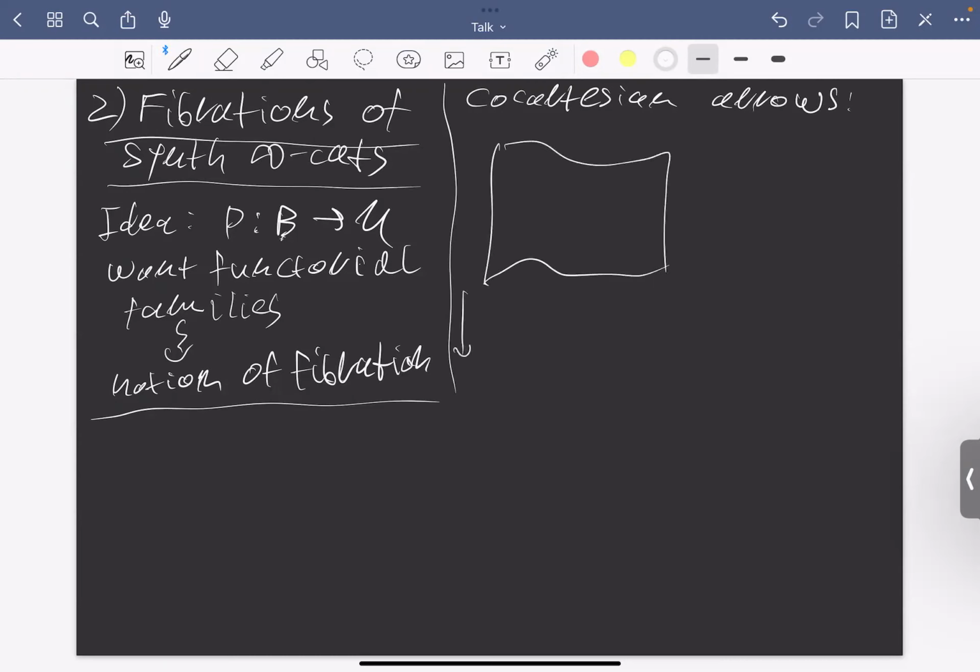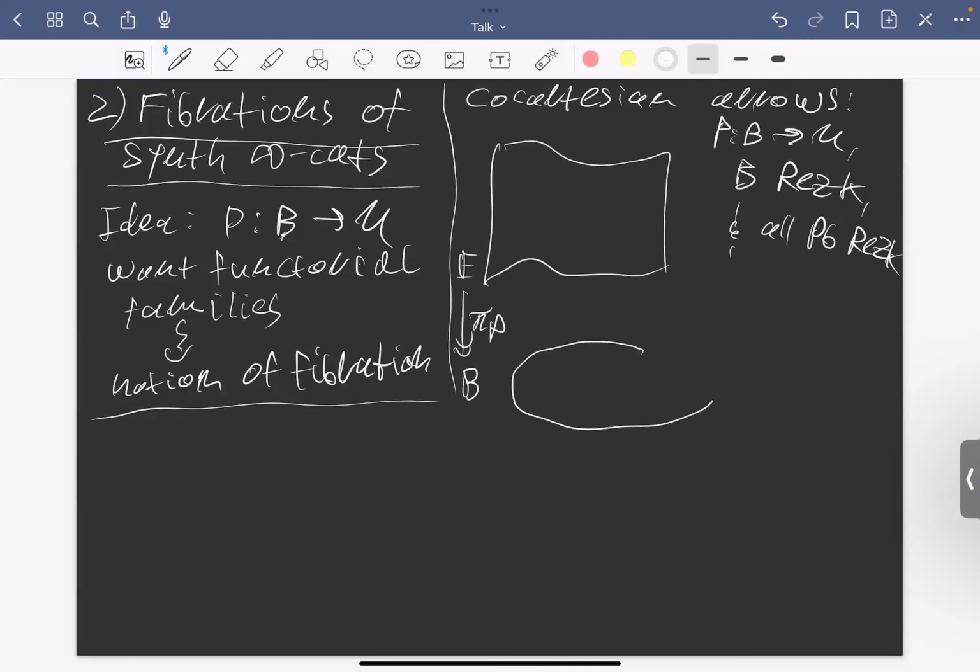So from now on, I'll always assume that we're looking at a family over a Rezk type B, and all fibers P(b) will be Rezk too. And then I can look at the associated projection like this.